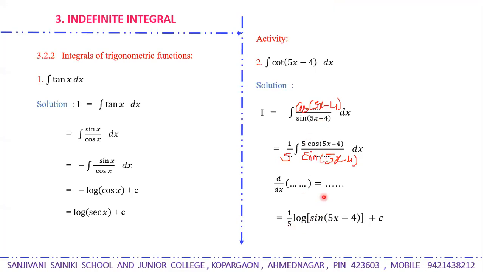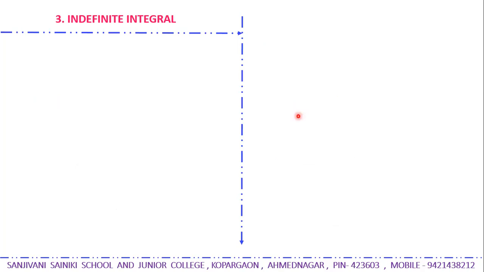Log of f dash of x upon f of x is log of f of x, so log of sin of 5x minus 4, and 1 upon 5 is as it is. So 1 upon 5 log of sin of 5x minus 4 is the integral of the given function.